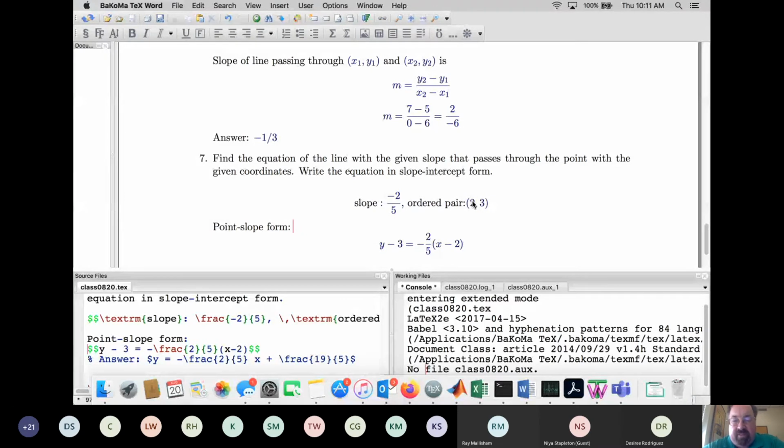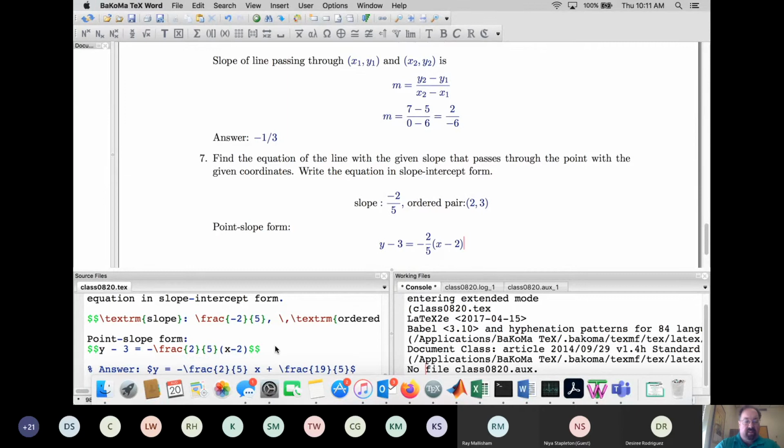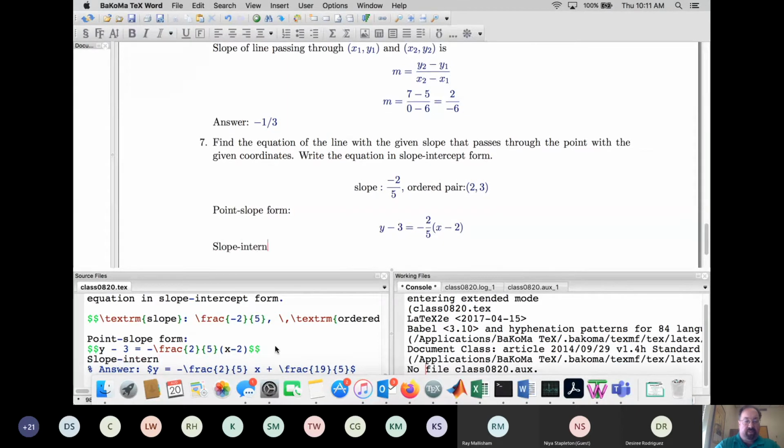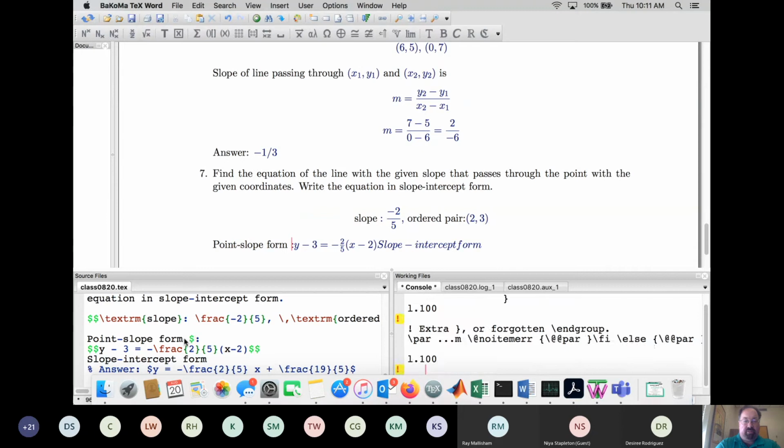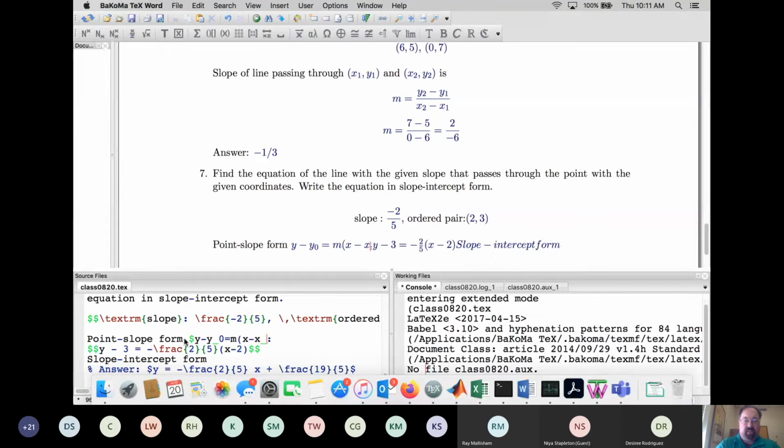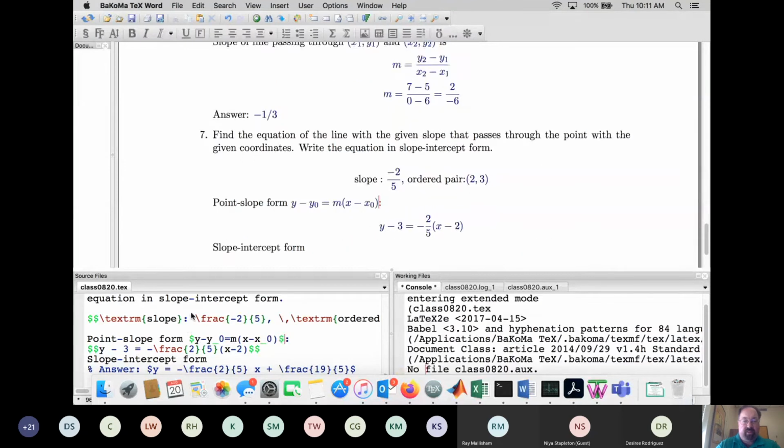So then here we have the equation of a line, but it's not in the right form. Slope intercept form. Actually, I'll write out the equation. So y minus given y value is equal to slope times x minus the given x value. Okay.